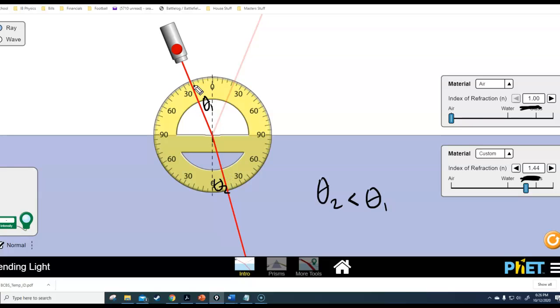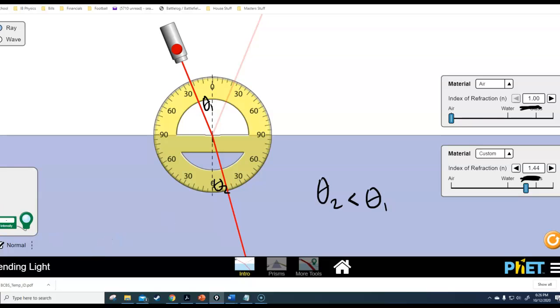In other words, here is the incident ray up here, the refracted ray is down here, and it is bent towards the normal compared to the original light ray. Okay, so when you're going from a lower refractive index to a higher refractive index, it bends towards the normal, which is the same thing as saying that the angle of refraction is smaller than the angle of incidence.